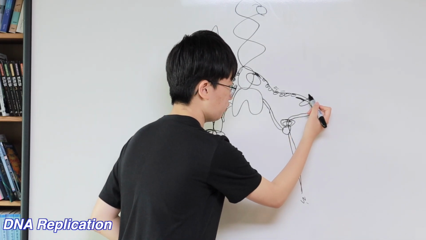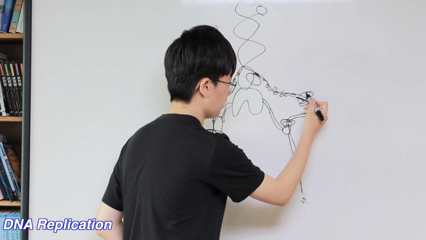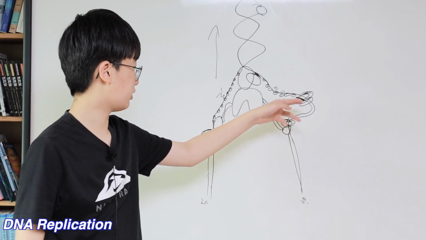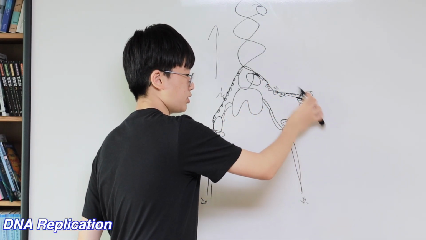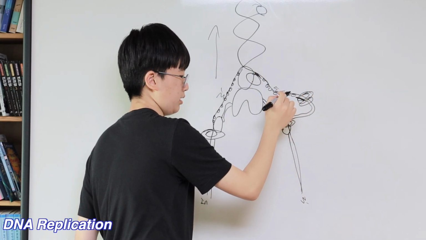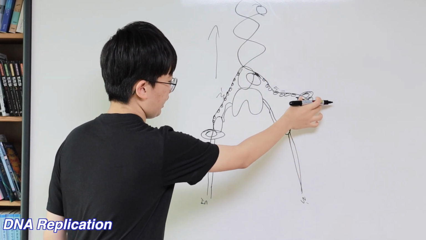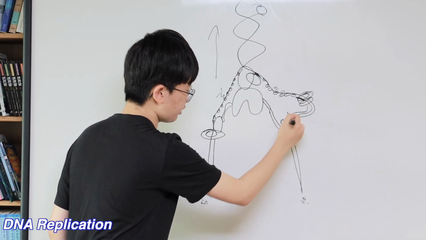And well, there would be the sliding clamp protein over there, and DNA goes up like that, and so the polymerase does its job and then comes over here.